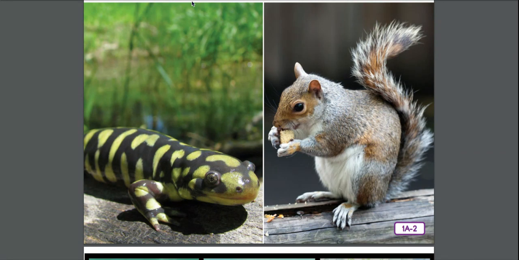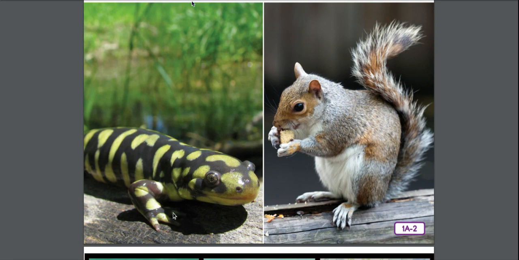Can you name any ways that a salamander and a squirrel are alike? How are they different? What other characteristics do you think of to help sort animals into categories?